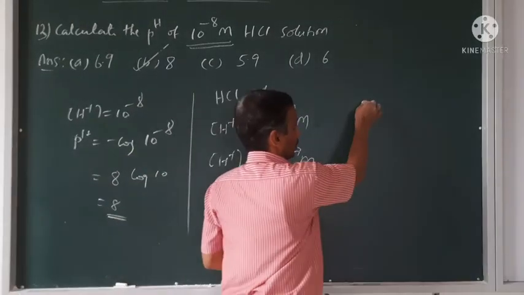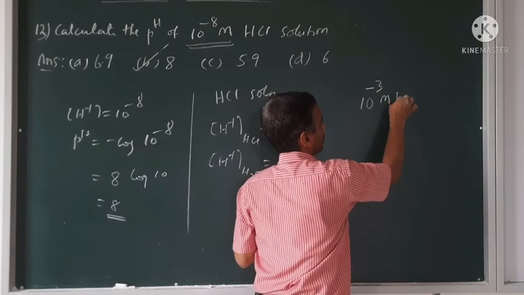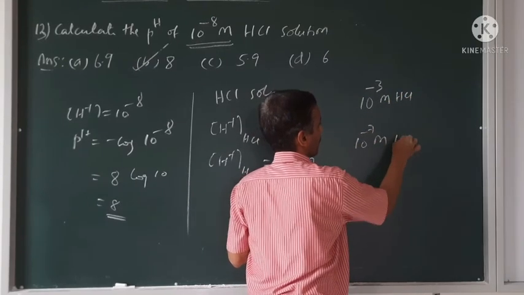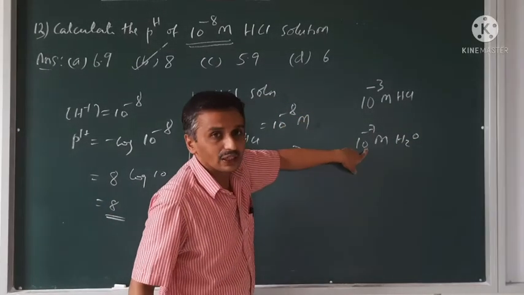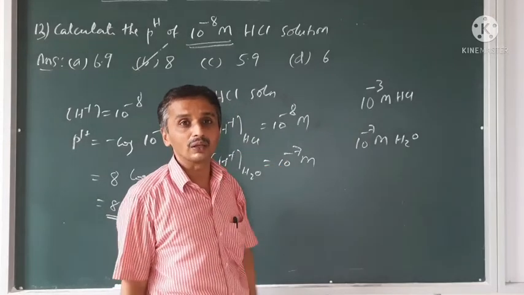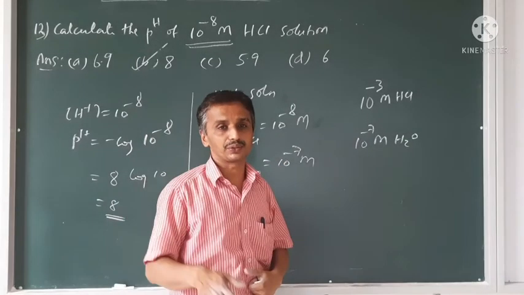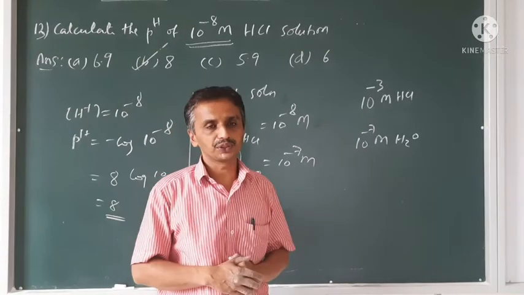whereas 10 to the power minus 3 M HCl is very strong. Water is 10 to the power minus 7 M. This 10 to the power minus 3 and the 10 to the power minus 7 are not comparable. So H plus given by the water, we are ignoring it in previous problems.